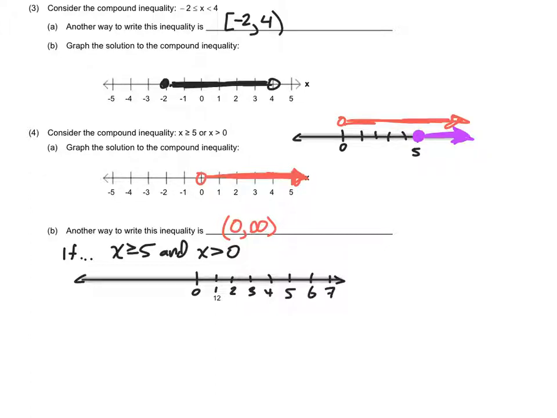The only way that it would be a true sentence would be if I satisfied both parts at the exact same time. All right? So looking at my red and purple graph here, what inequality or interval would do that? I want to satisfy both at the exact same time. From what to what?